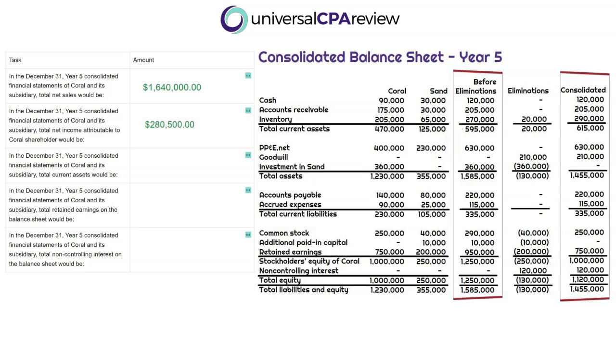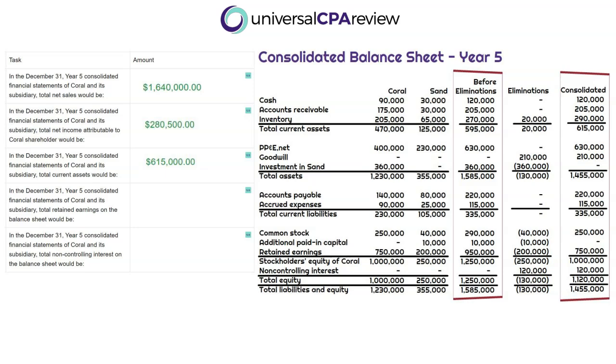But remember, we have to increase inventory up to that fair value, which means we had to add in that $20,000. So that actually means that consolidated current assets is $615,000, right? So don't forget about any step up in fair value related to the acquisition. That's a tricky one, but that's where we usually get a difference there, right? So the correct answer for this row is $615,000.